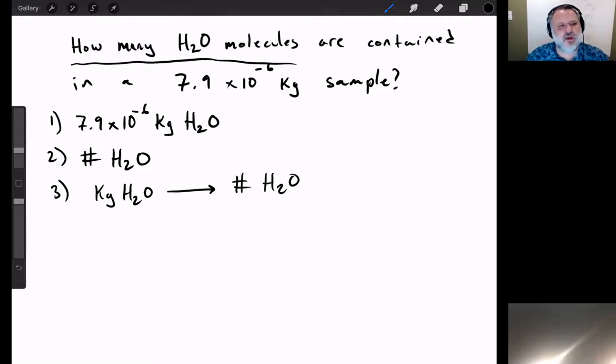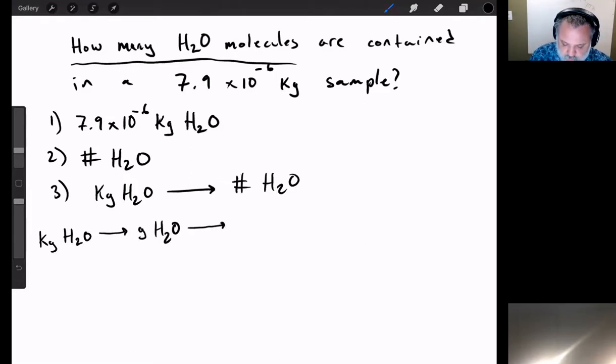We don't really know how to do that. There's not a direct conversion, so we have to do some step-by-step work. We know that we can convert kilograms to grams of water, and we can use the molar mass on the periodic table of elements to convert grams of water to moles of water.